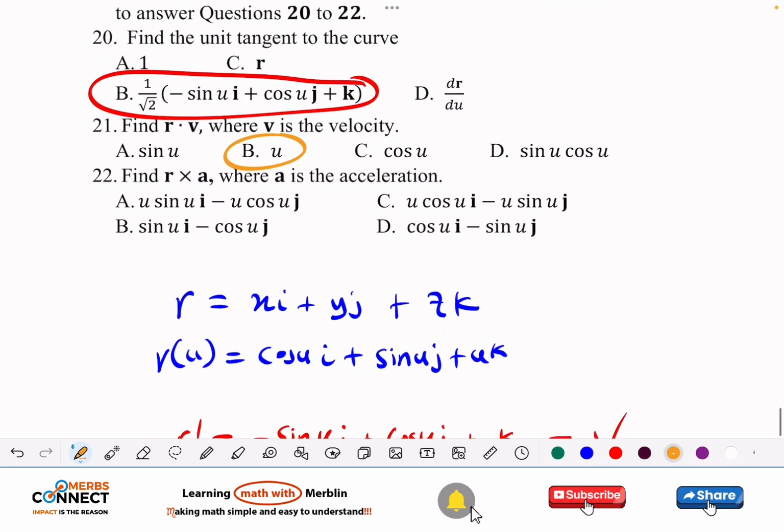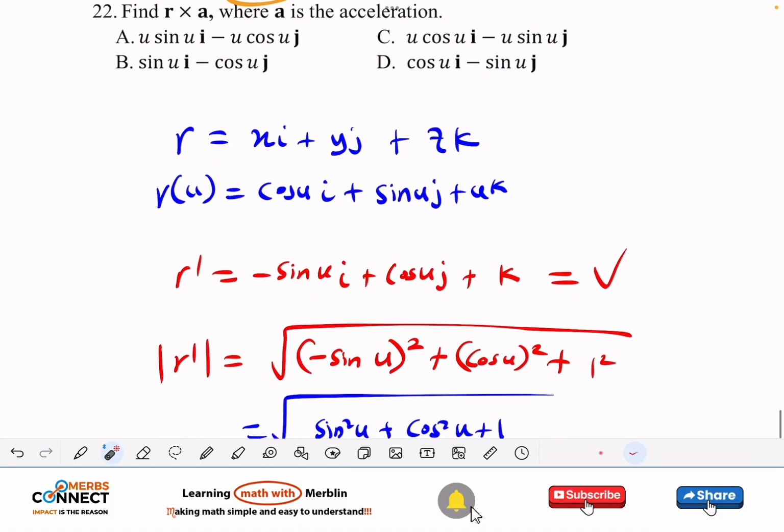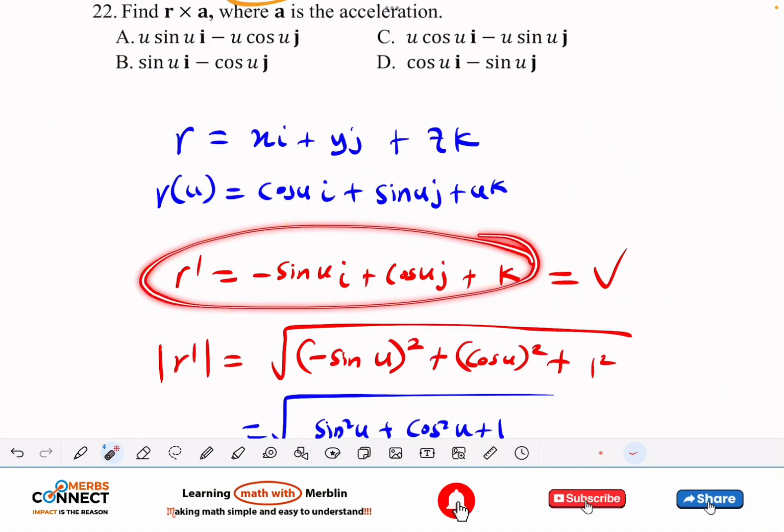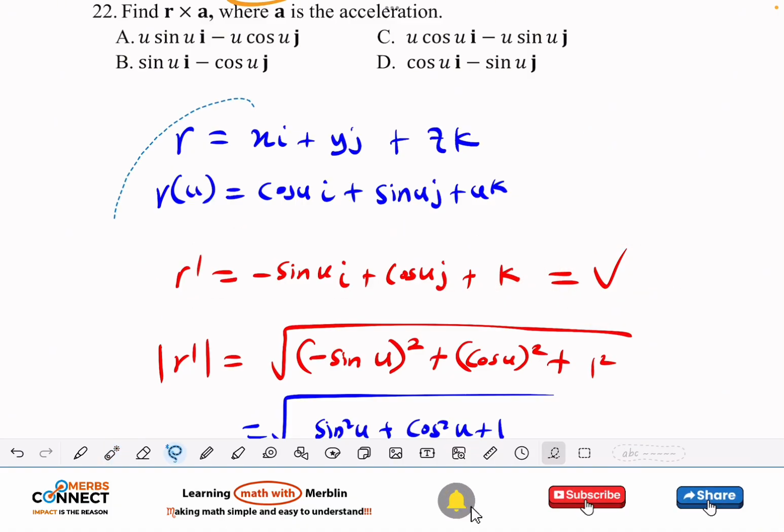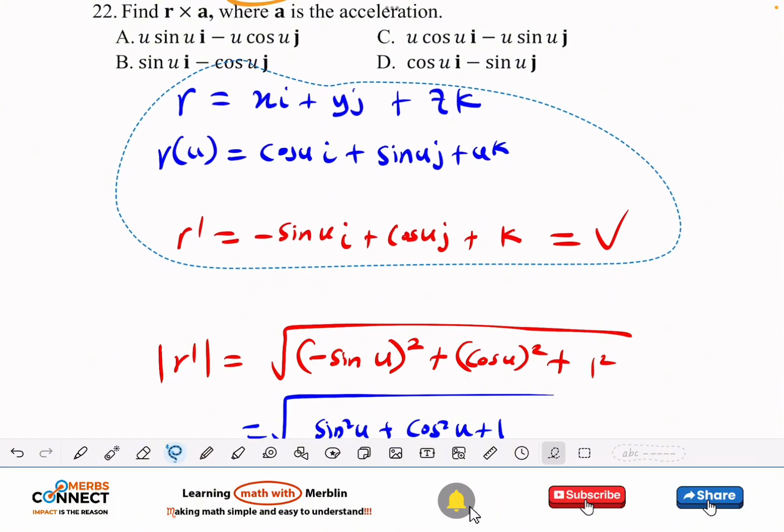Now the last one that we need to do here is we need to find r cross a. What is a? A is the acceleration. Now acceleration is when we differentiate the position vector 2 times, or when you differentiate the velocity. So since we have this one, we need to differentiate it again to get acceleration, right? So let's move it up.